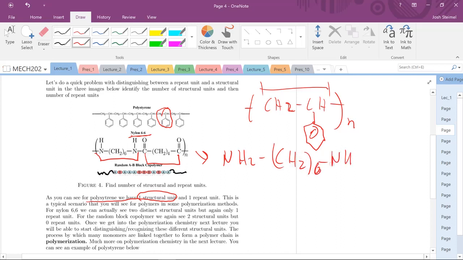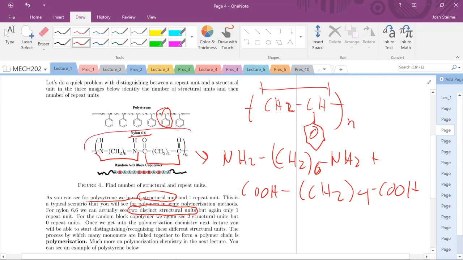You add H2N(CH2)6NH2, then you add HOOC(CH2)4COOH. So you have these 2 structural units that you're combining to create this polymer. Here we have 2 very distinct structural units, or monomers, you could call them. But again, there's only 1 repeat unit. So this whole thing repeats over and over again.